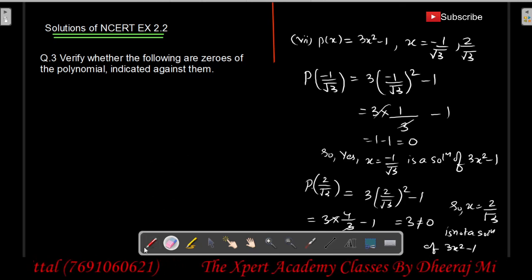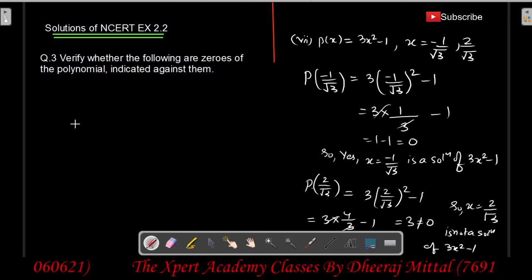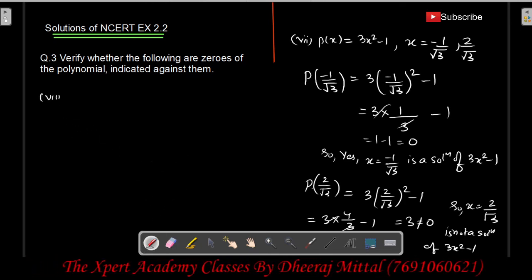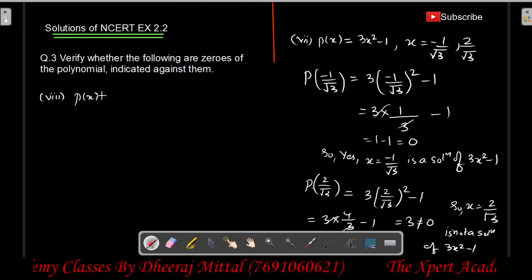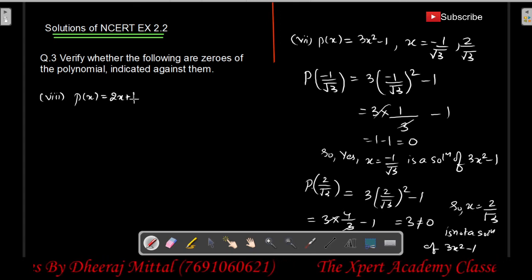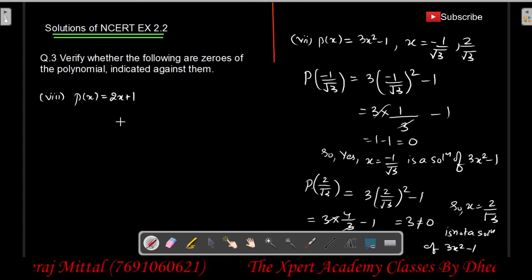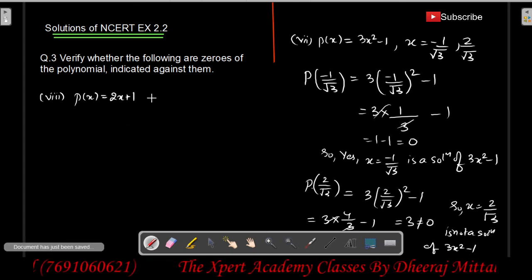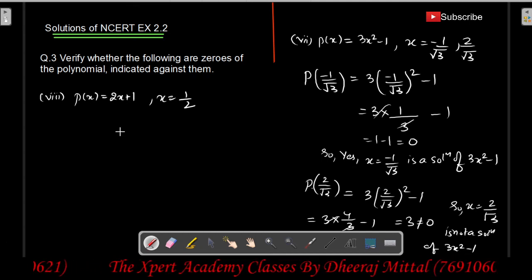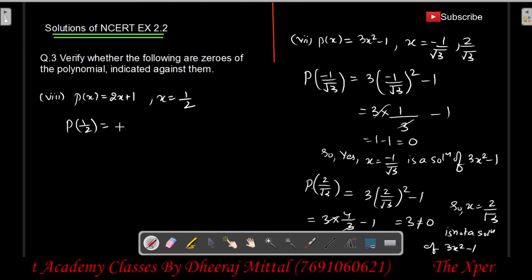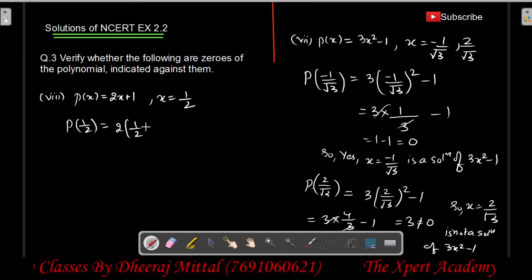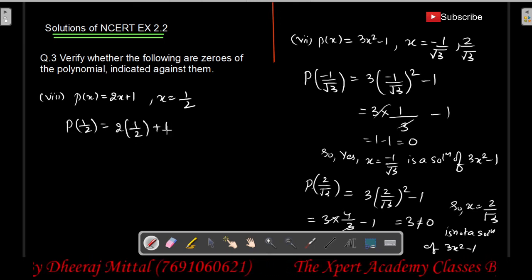पॉज कर लीजिएगा बेटा अगर आपने नोट करना है. तो लास्ट पार्ट है 8th part is px is equal to 2x plus 1. So the value is given, x is equal to 1 divided by 2. So on putting 1 divided by 2 in place of x, we will get 2 into 1 divided by 2 plus 1.